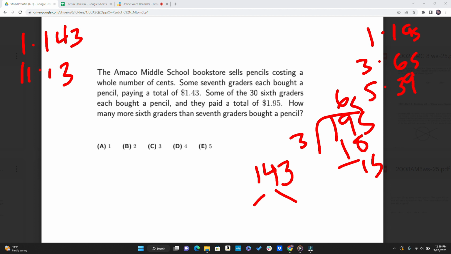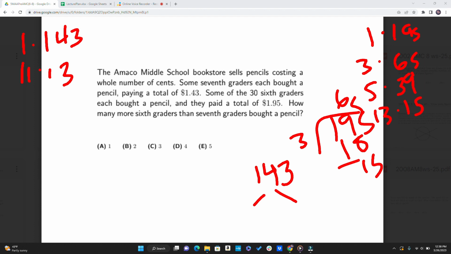Not 7. Not 8. Is it divisible by 9? No. Not divisible by 10 or 11 or 12, but it is divisible by 13. So 13 times 15. All right, so what factors do 143 and 195 have in common?